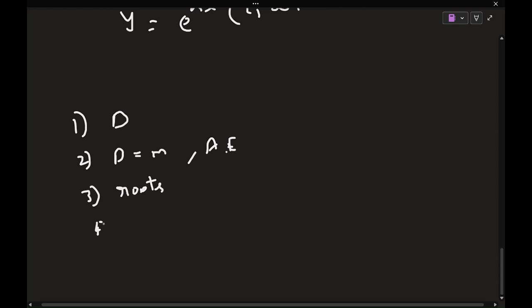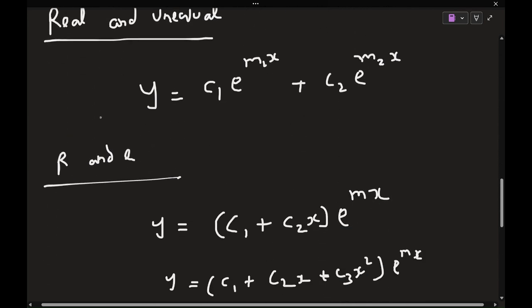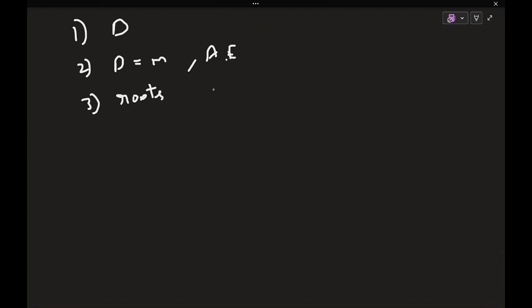Fourth step would be, as you get the roots, you will separate them based on your three types of roots and then find the solution and substitute it in the formula. So that is your final answer. Now let's do a sum based on this. First we'll do one with cubic or power 3.